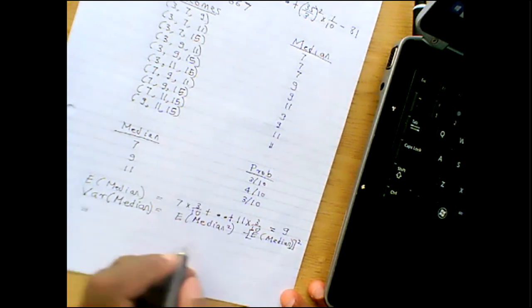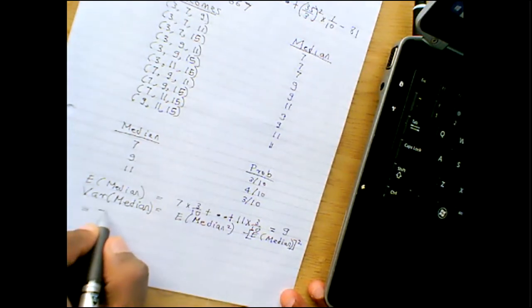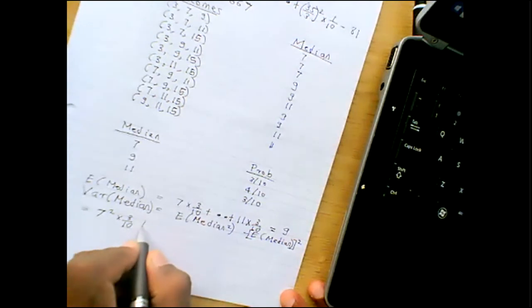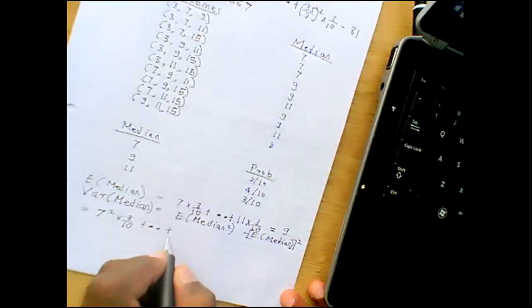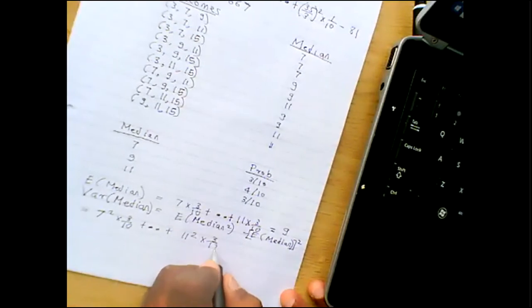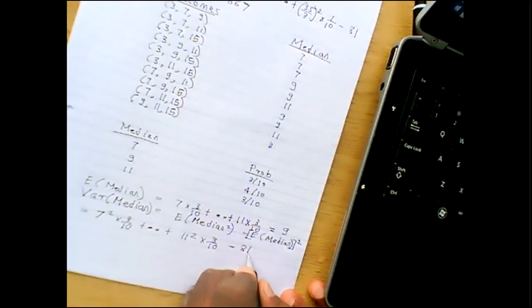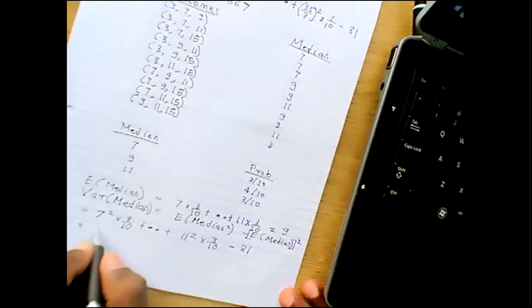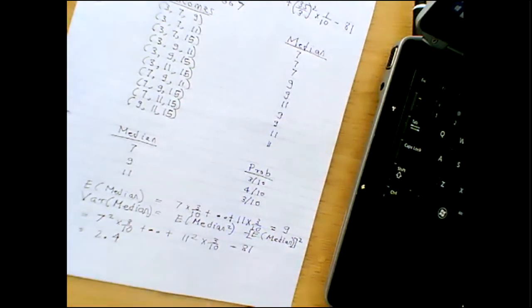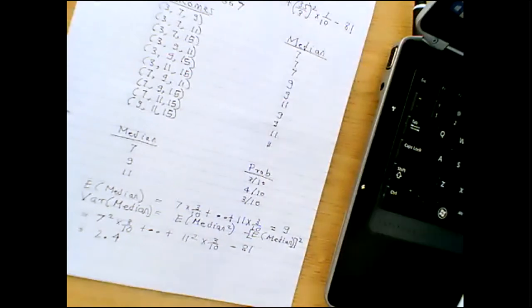And this one, to find this one, you just say 7 squared, and so on. And if you compute this, this will be equal to 2.4, right?